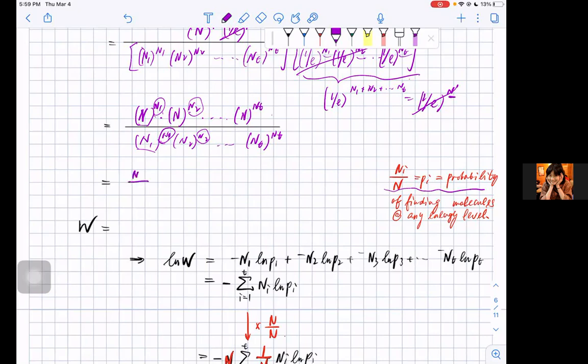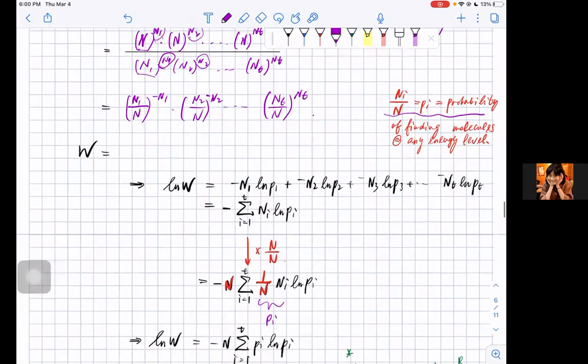So let's reverse that. Remember the negative sign. All right. And let's write it in probability terms.